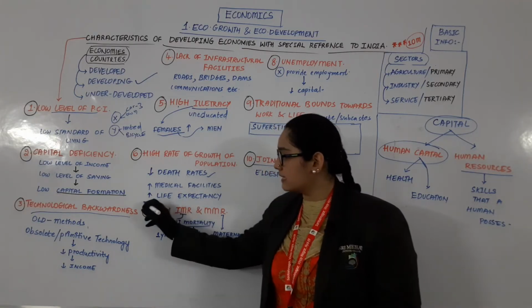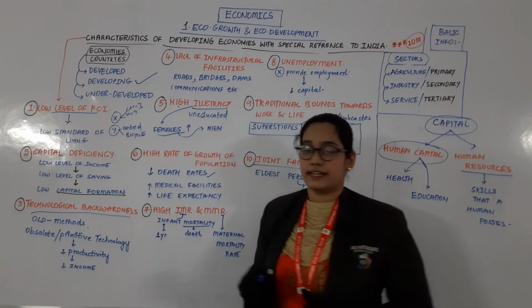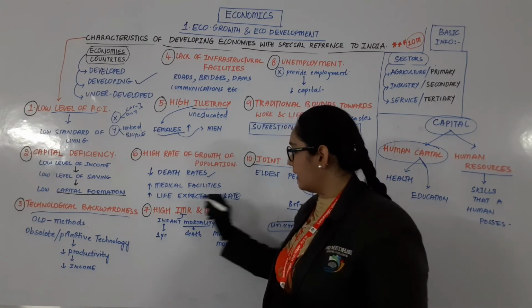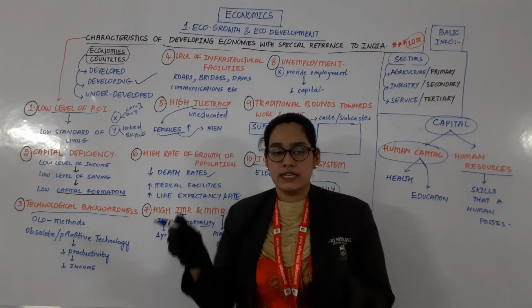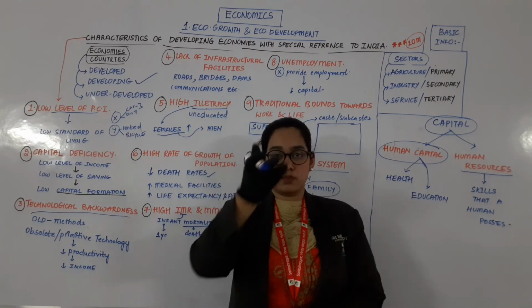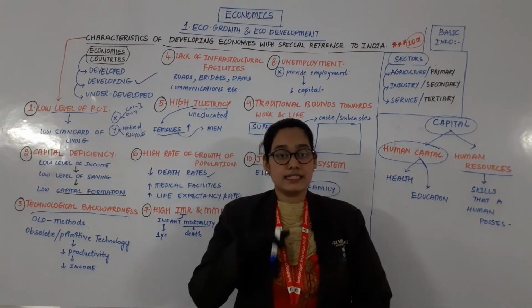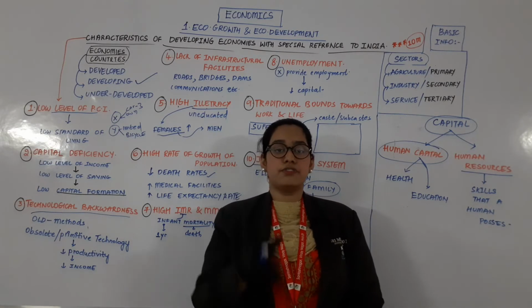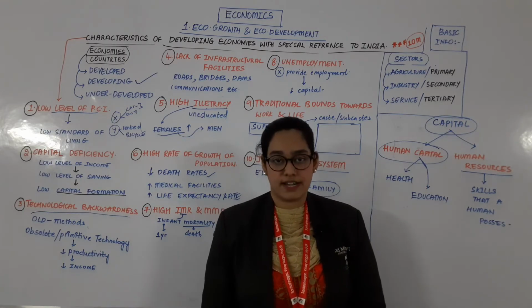And one more reason is high life expectancy rate. Life expectancy, that means previously people used to live for 90 years, 100 years, sometimes 110 years also. And these days you just find 40 years, 50 years, the last is 60 or 70, am I right?